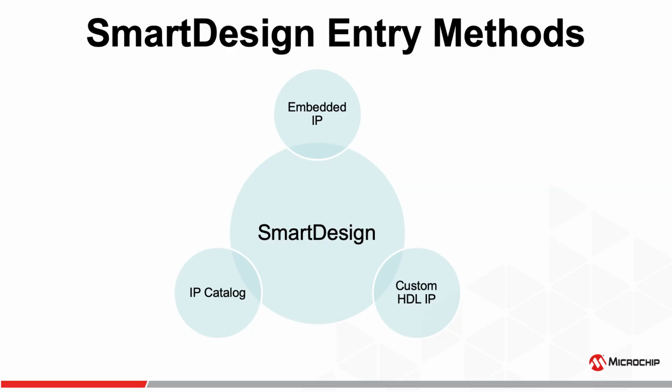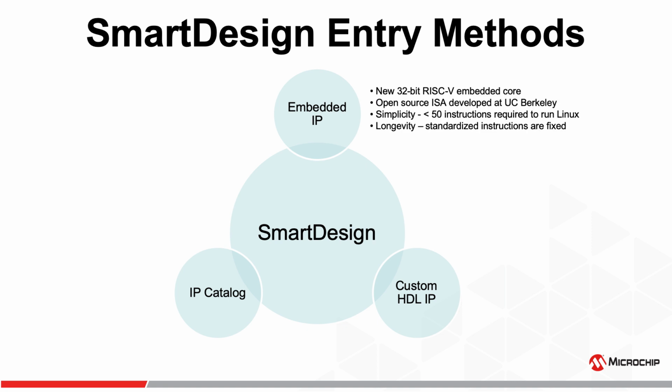I'll show you how we can call that custom HDL into the SmartDesign, because SmartDesign supports custom HDL in the SmartDesign canvas. Using SmartDesign, you have multiple IPs. If you want to create an embedded design, you can create one using the 32-bit RISC-V IP, which is available as part of the Libero IP catalog.